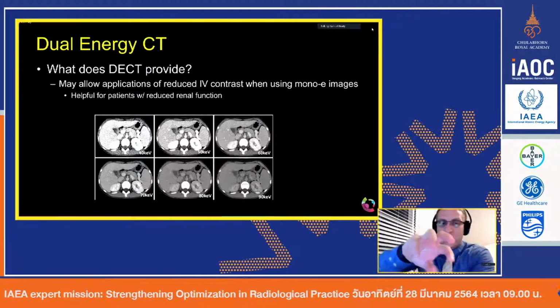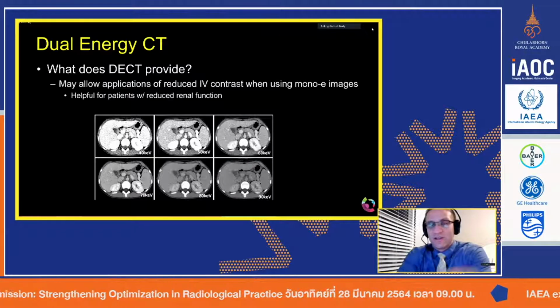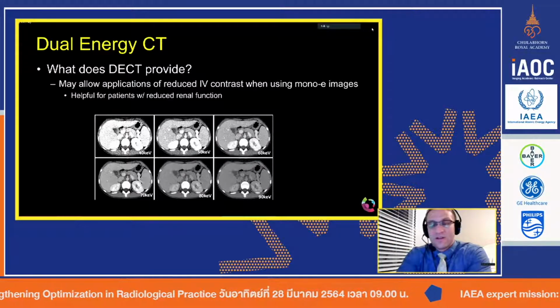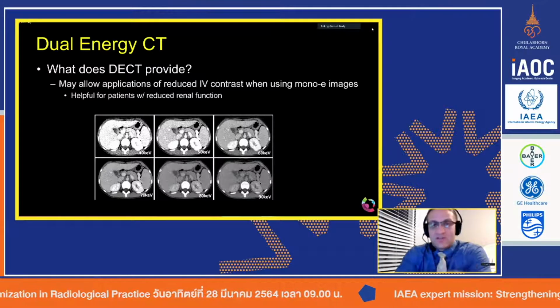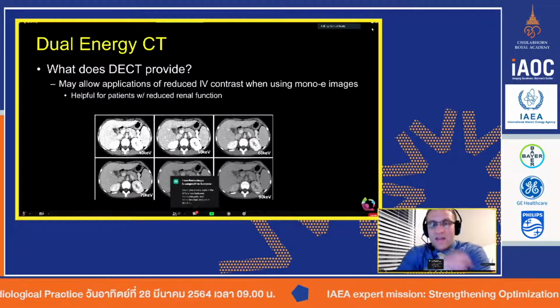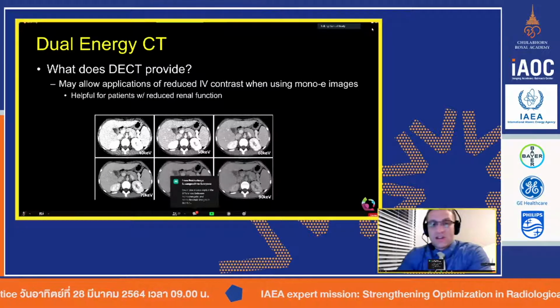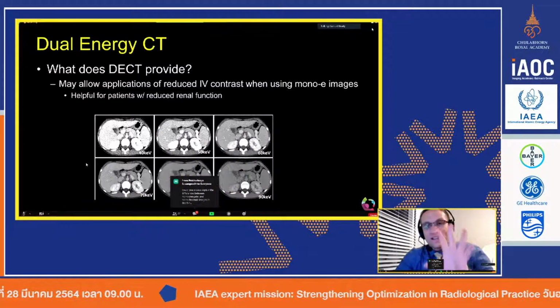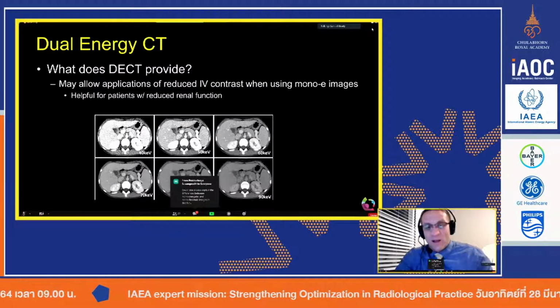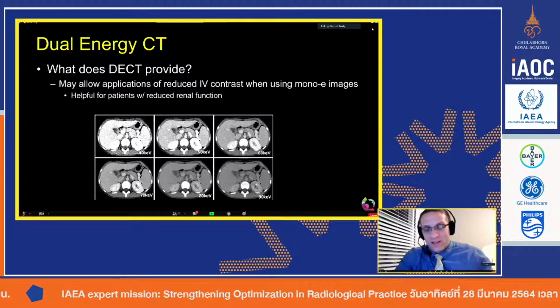Maybe you can dial back the amount, dilute the concentration, or just simply use less IV. If you would normally do that in a single energy CT scan, it might look more like this, or it might look more like this over at the high energy.